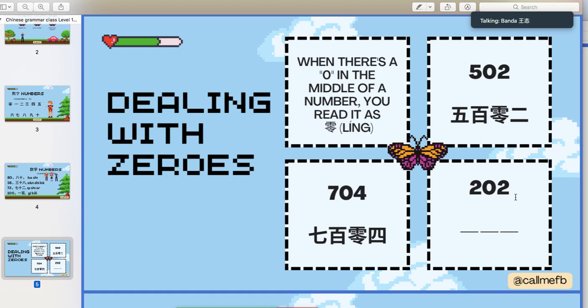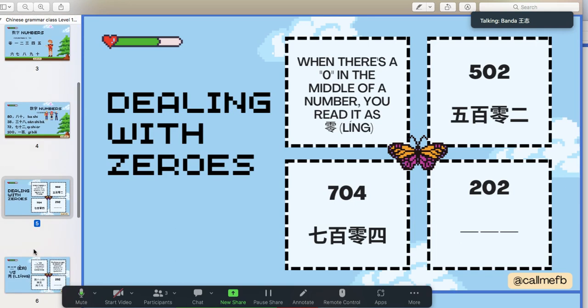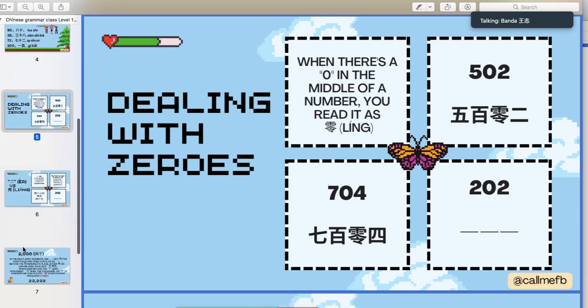We'll come back to this one very soon, because we understand that there are times where you have to read two differently. So we will see how we can incorporate that with our class. But that's basically all we do with numbers that have zero in the middle. We will pronounce that number.